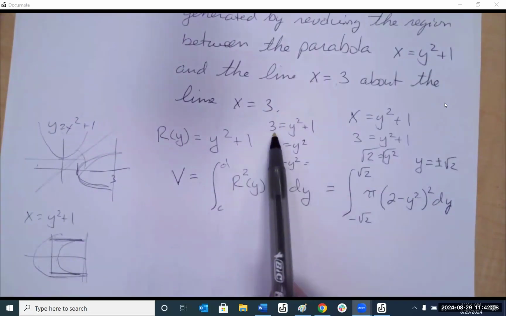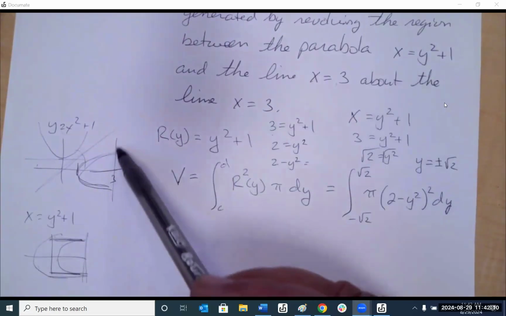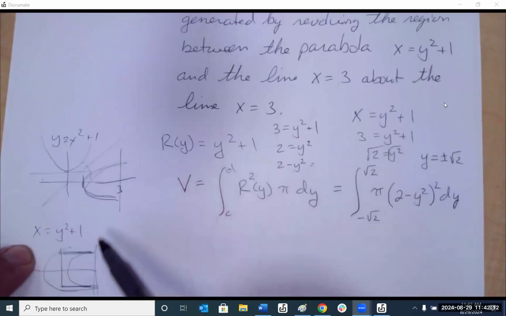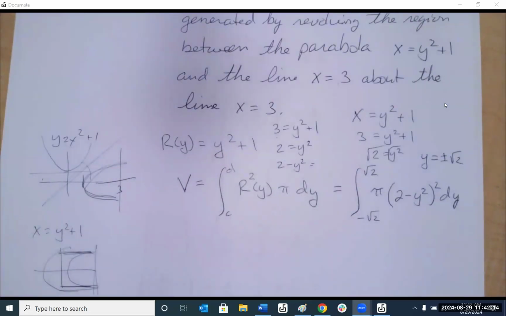Why did I use a 3 here? Because that's where the line is, we're looking at the entire graph itself. That's the hardest part. Because all we do now is FOIL this one out and integrate it.